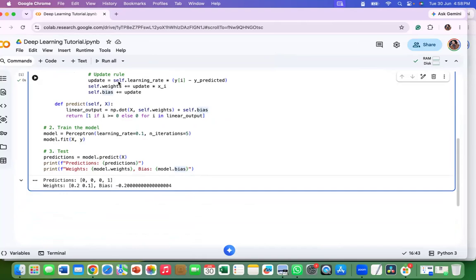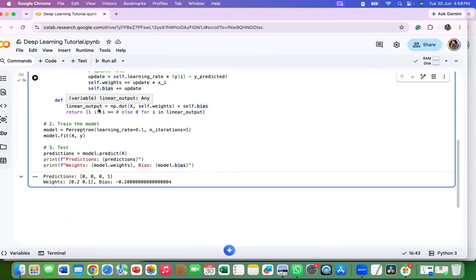Update is equal to self.learning_rate times (yi minus y_predicted). Self.weights is equal to self.weights plus update times xi. Self.bias is equal to self.bias plus update.